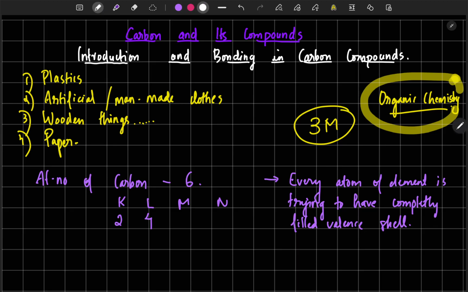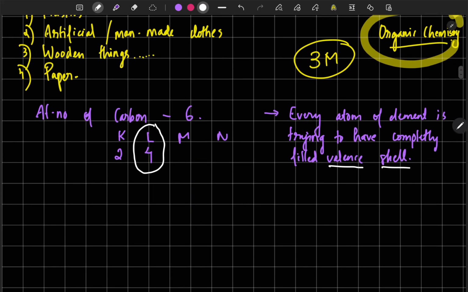What is meant by valence shell? Valence shell means the outermost shell where the electron enters. Here it is the L shell. So the L shell is trying to have 8 electrons in its valence shell, and carbon is also trying to have 8 electrons in its valence shell.